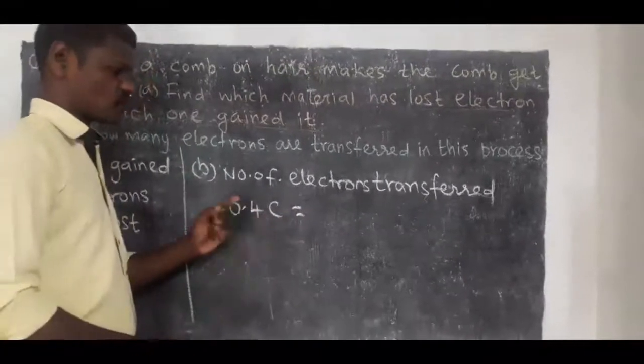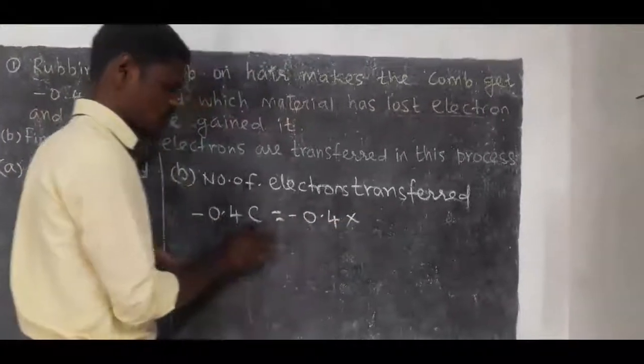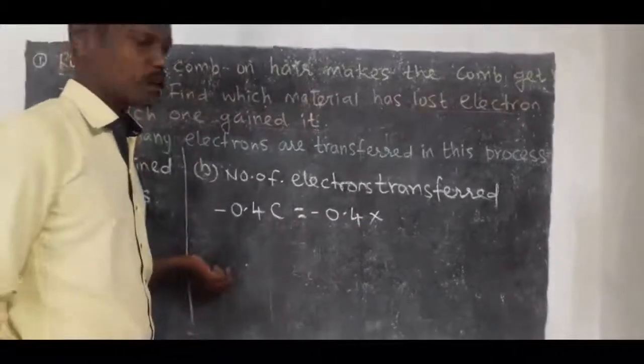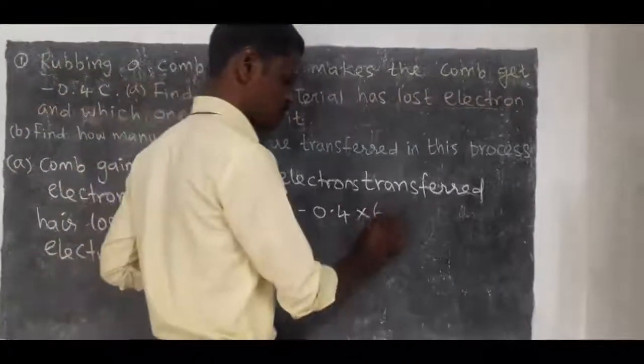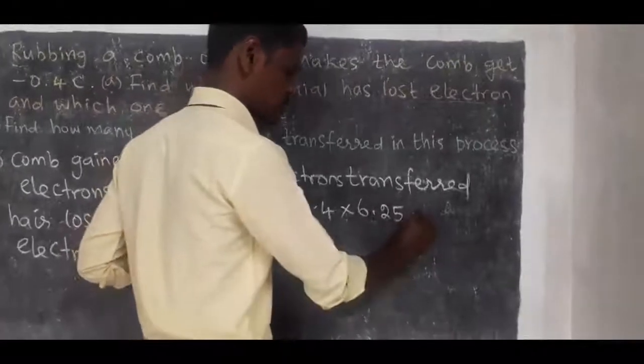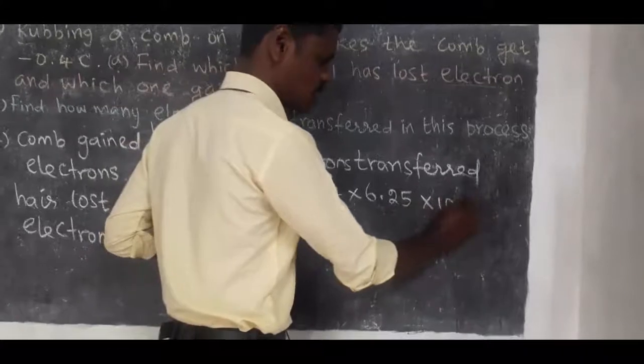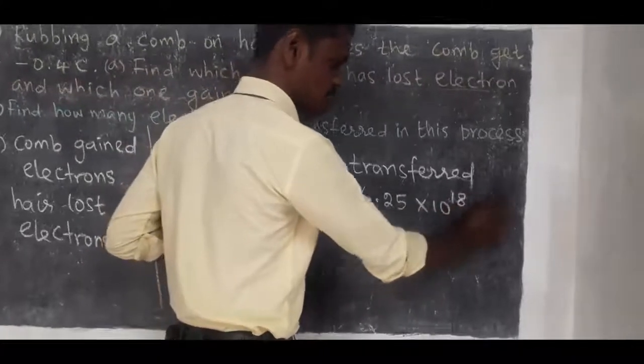As we know, 1 coulomb of electrons is 6.25 into 10 power 18 electrons.